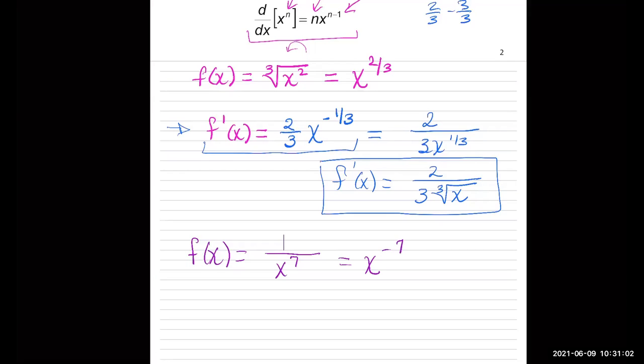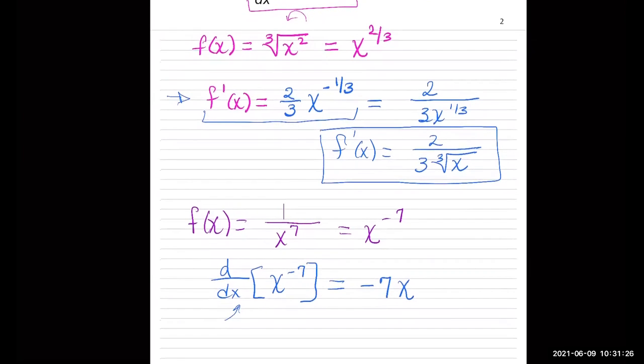And once you have rewritten it like x to some power, now I'm taking the derivative of x to the minus 7th. Notice the derivative is an operator there, so we have to take the derivative of something. The power rule says that I drop that minus 7 down front, and I decrease the exponent by 1. Minus 7 minus 1 is minus 8.